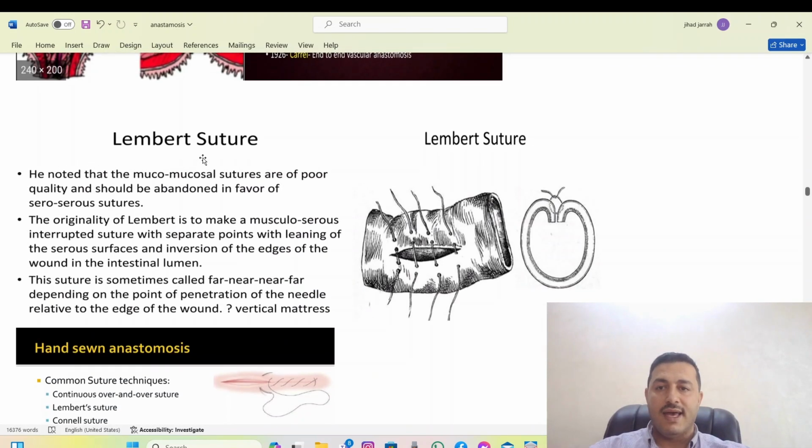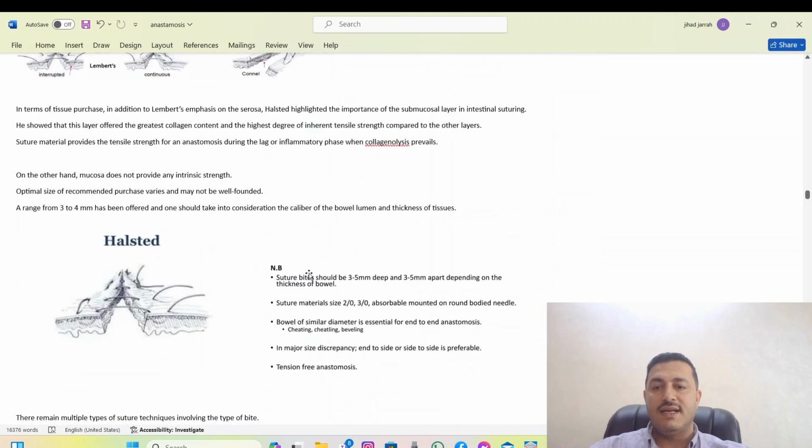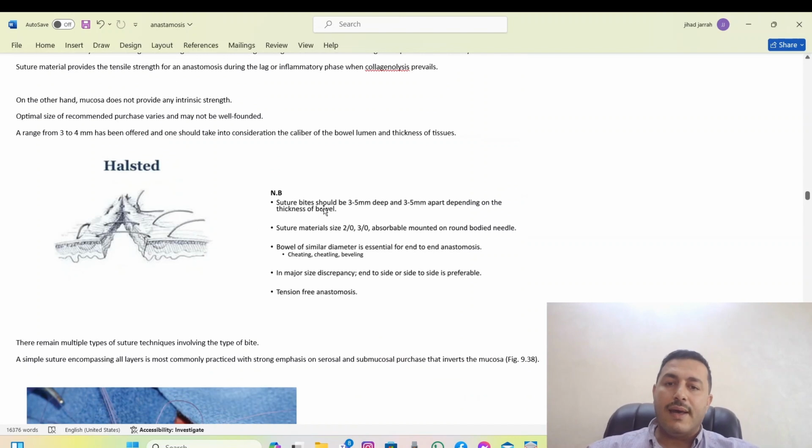This is again Lambert. This is Halsted when he reached the submucosa, which has the highest level of collagen. So finally, what's recommended? We will see. Okay, we said roughly suture height should be 3 to 5 millimeter and 3 to 5 millimeter apart from each other.